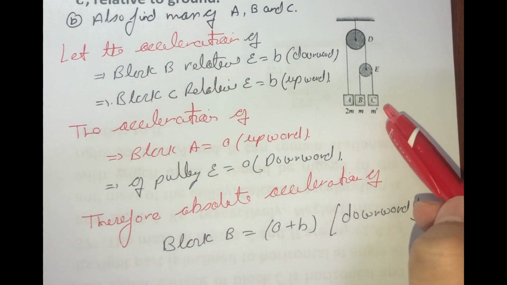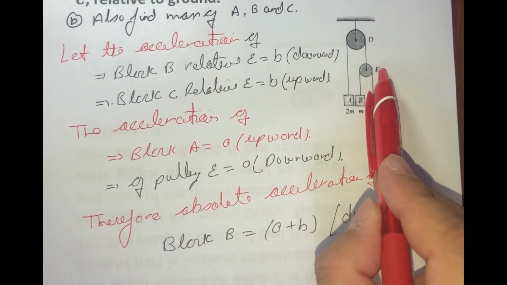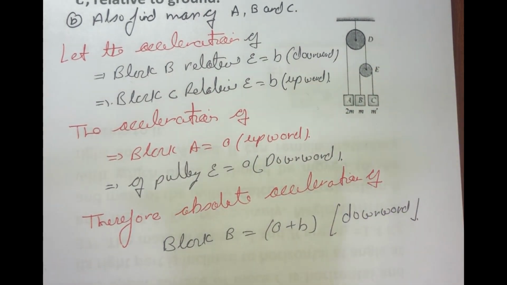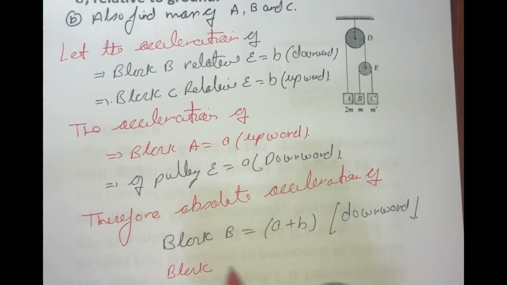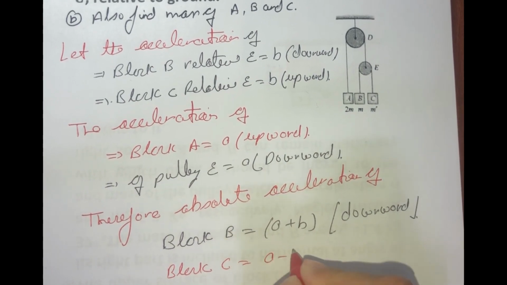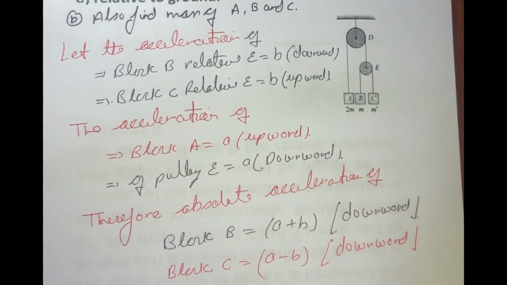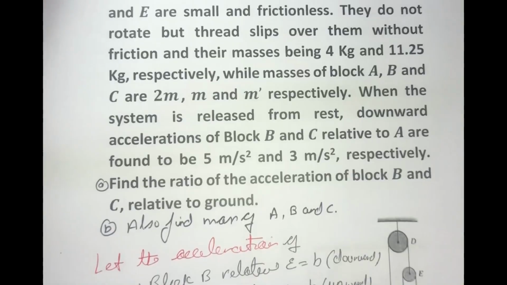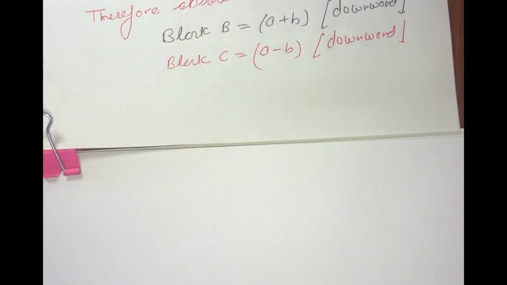And block C is moving with acceleration b but in upward direction, and pulley E is moving with acceleration a in downward direction. So for block C it will be a minus b, and it will also be downward. So we already defined their absolute values of the acceleration.